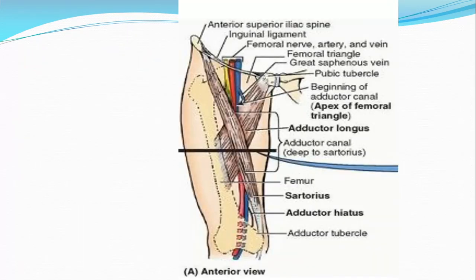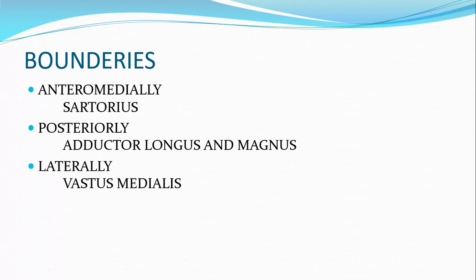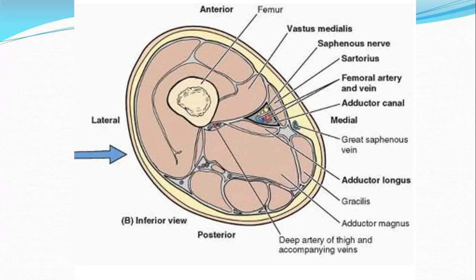It starts below the apex of the femoral triangle, and its lower extent is the adductor hiatus, through which it passes into the popliteal fossa. The boundaries are anteromedially sartorius, posteriorly adductor longus and magnus, and laterally vastus medialis. Here we see laterally the vastus medialis, anteromedially the sartorius, and posteriorly the adductor.